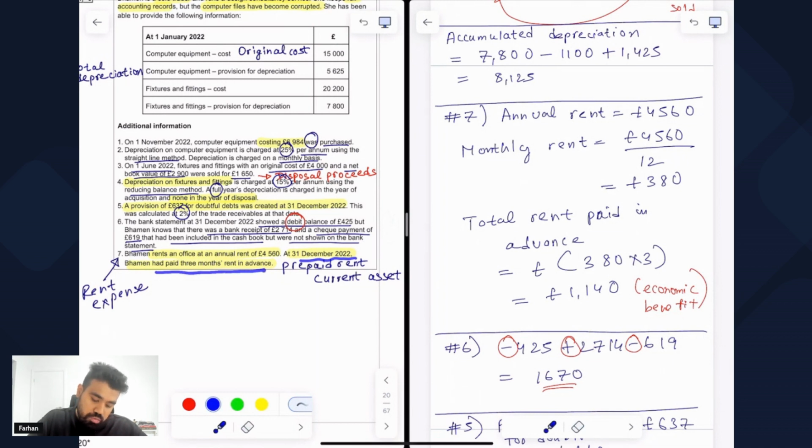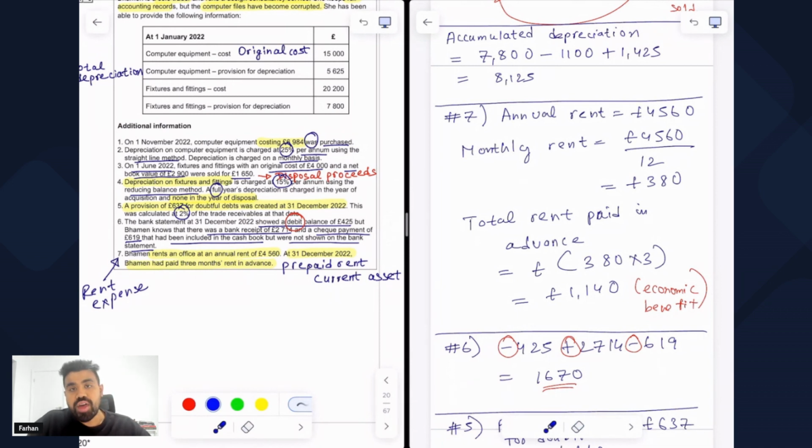All right, so the rent that Vaughn has paid for in advance is what we call a prepaid rent. And this is a current asset to Vaughn because this rent that Vaughn has just prepaid for the business will allow Vaughn to utilize the space for business purposes in the next 3 months, which comes in the next financial year.